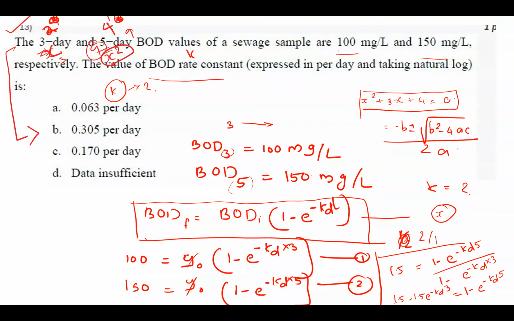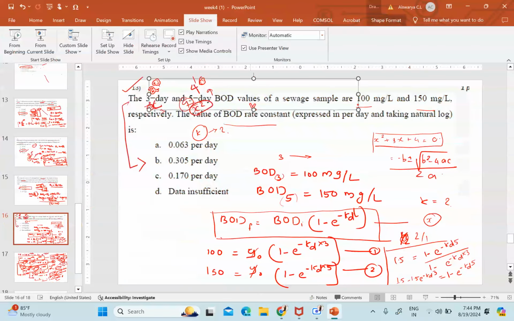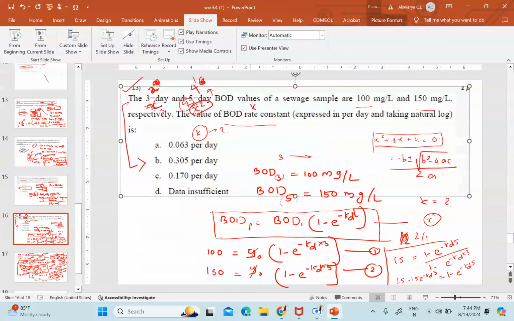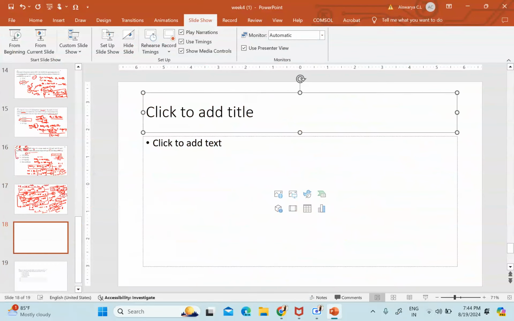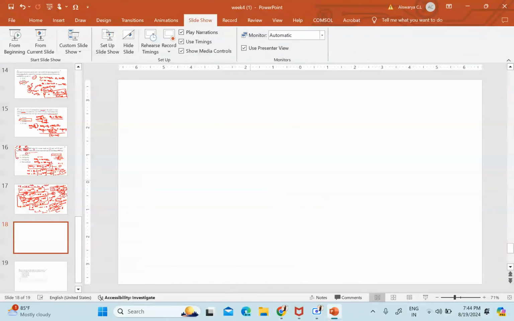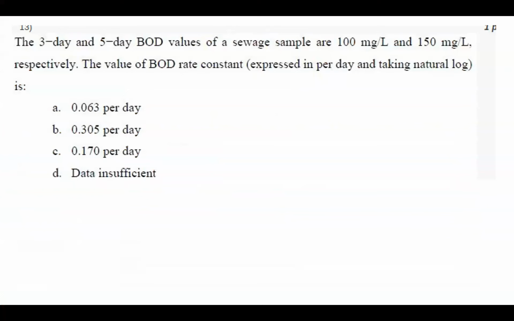Okay, now we'll write that. I am correcting the 3 as 2 and the 5 as 4. Now calculate the BOD rate constant.